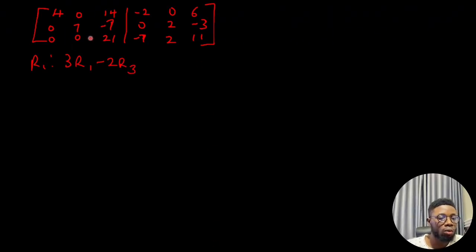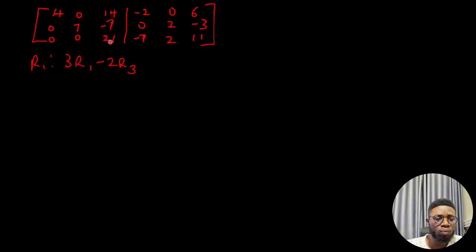Now, the next thing I want to turn to 0 is negative 7. To turn negative 7 to 0, I can operate row 2 with either row 1 or row 3. But we already have 0 at this other end, and I don't want this 0 to change. That implies that I cannot operate row 2 with row 1, because with the existence of this 4, I'm going to get a non-zero element. So the best thing to use is row 2 and row 3.